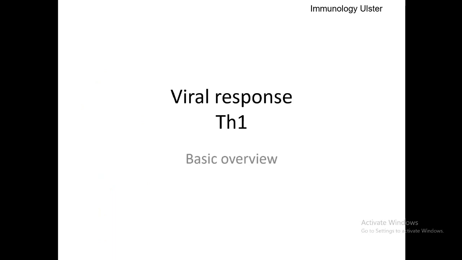So we'll go into a little bit more detail in terms of a viral response, a Th1 response. Okay, so here we have cells, could be in the liver, kidney, wherever it is, but we have cells that have been infected with a virus. Okay, here we go. And the first thing those infected cells will do will be to present that viral antigen on MHC1.